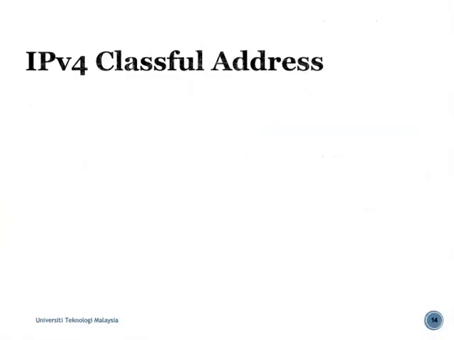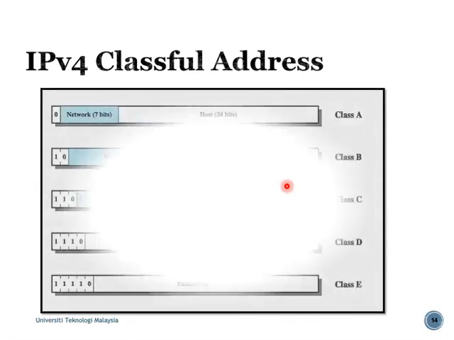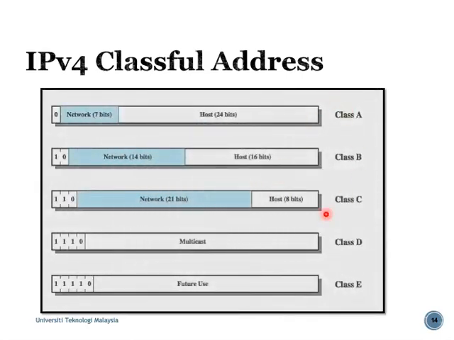Okay, next we go to the IPv4 classful addresses. When IP addressing started a few decades ago, it used the concept of classes, and there were 5 classes introduced. Only in the mid-1990s was classless addressing introduced, which supersedes classful addressing.